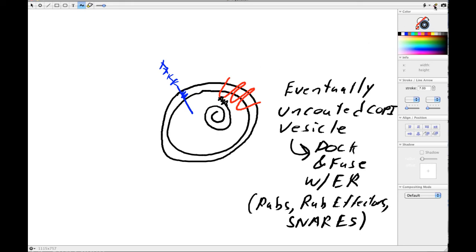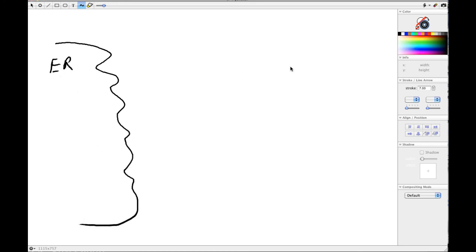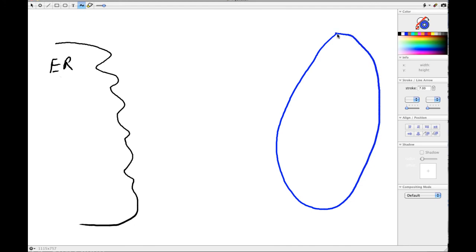So before I end with this, I want to just talk about one last point, because it's kind of interesting and gets into how we think about what the identity of any compartment is. So I'm going to have the cis Golgi here. We've already discussed that this is where N-linked glycosylation occurs.